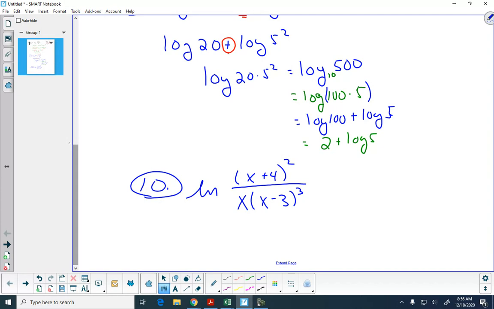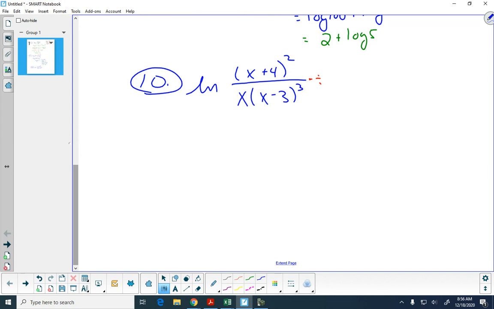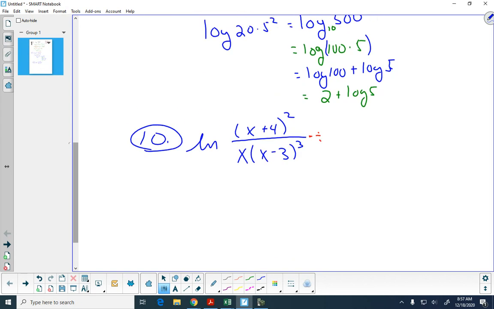Well, we have division here, two things being divided. This fraction bar gives us our division. So if we expand this, we can use subtraction. So we have ln of (x plus 4) squared minus ln of x times (x minus 3) cubed.